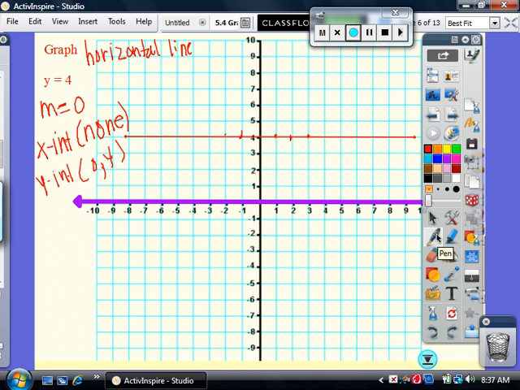Infinitely many. We couldn't list them all. And it is the only horizontal line that would even have x-intercepts at all. The rest of them have none. What would be the equation of this line right here? If y equals a number is a horizontal line, and this one's y equals 4, this one is y equals 0. That's the only one that has any x-intercepts at all.